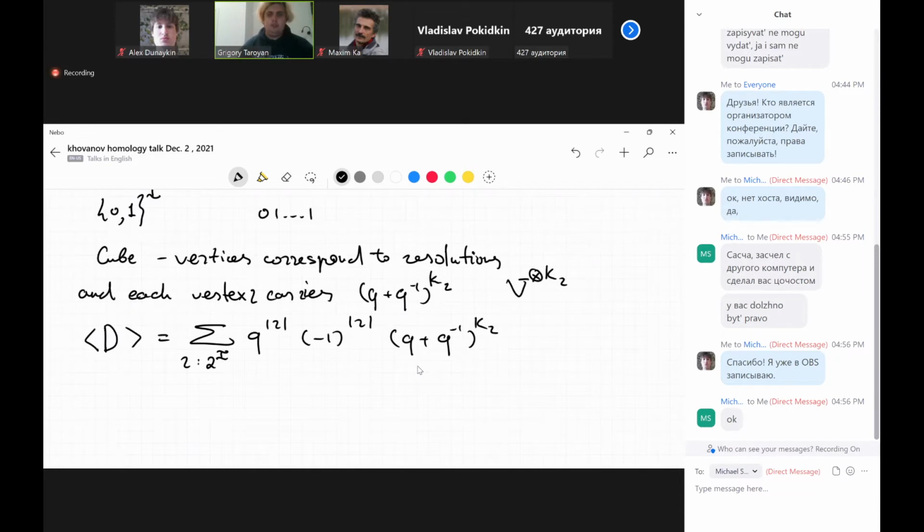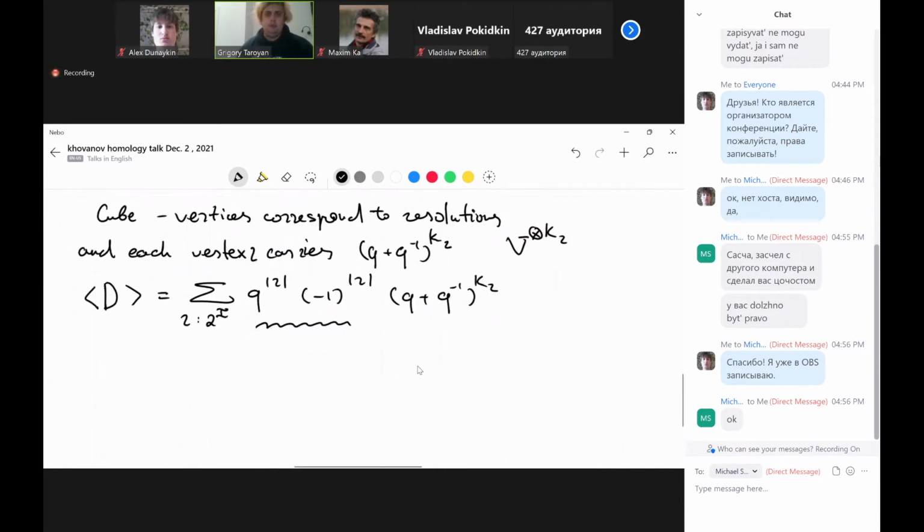And for a trefoil knot, after normalizing this term, we obtain this formula. It is very clear actually, because this term right here comes from the number of times that we get the one resolution in our total resolution.